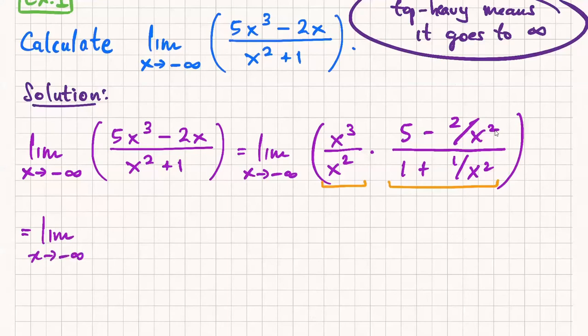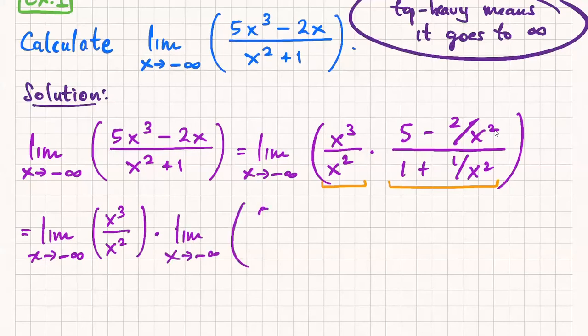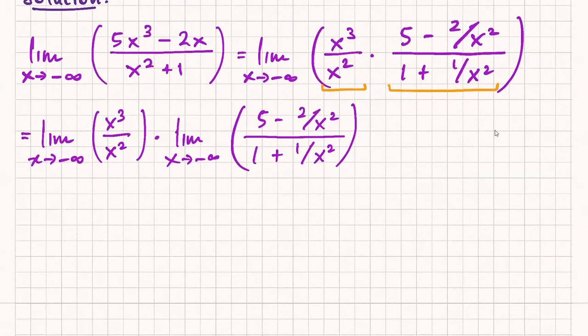Okay, x going to negative infinity of the first term times the limit as x goes to negative infinity of the second term. Okay, so far I've done algebra and I've separated the limit into two separate limits, and I'm going to analyze them separately.